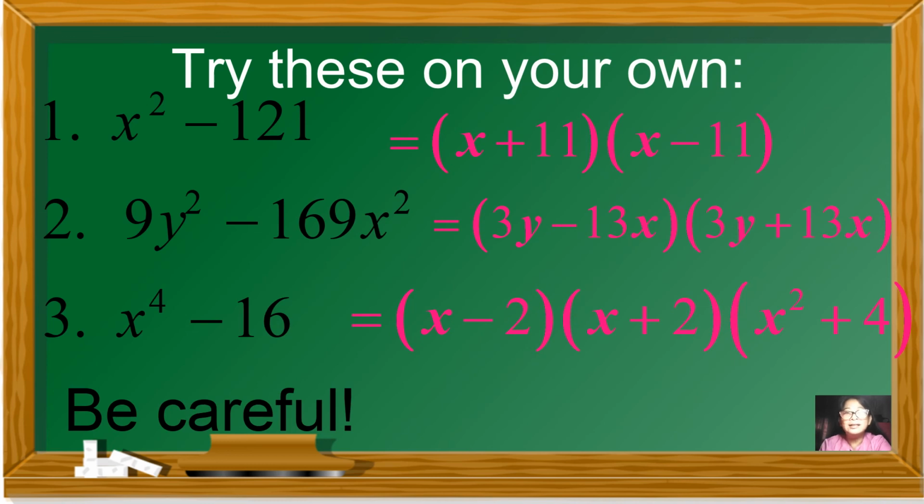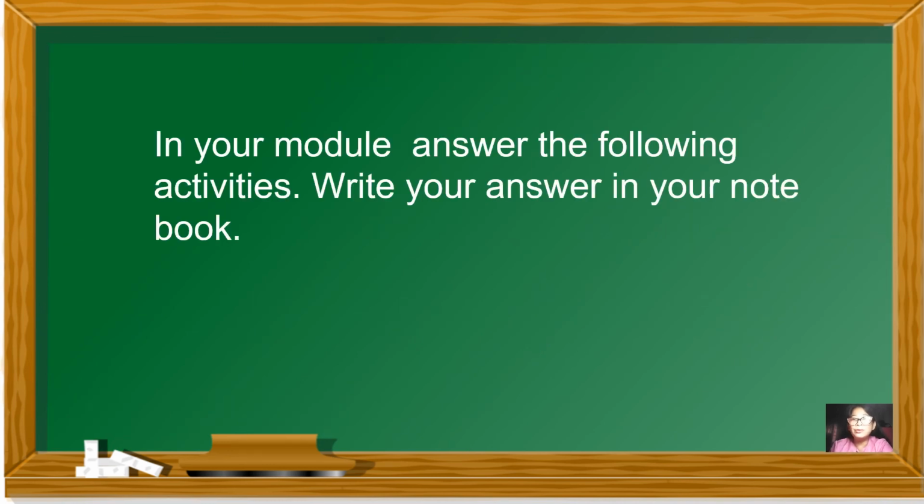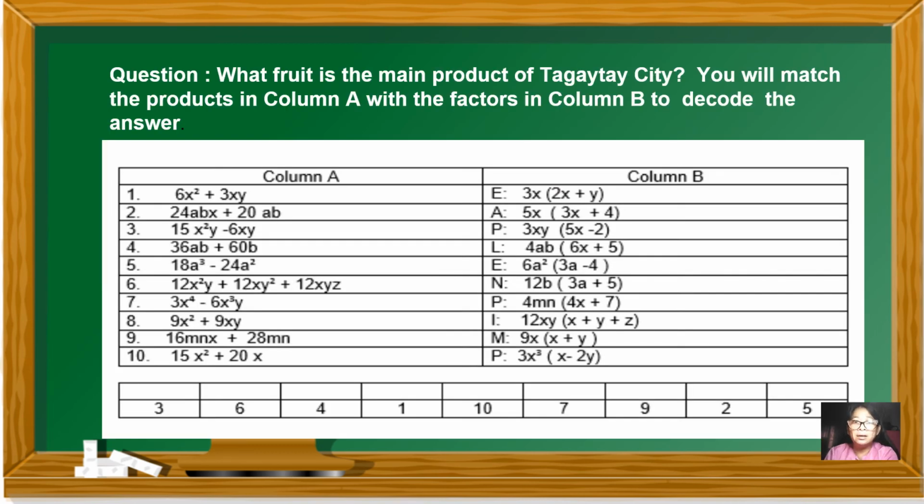Very good. Now, in your module, answer the activities. Get your notebook. We have 2 activities because we have 2 topics for today. The first activity under the common monomial factor: what fruit is the main product of Tagaytay City?